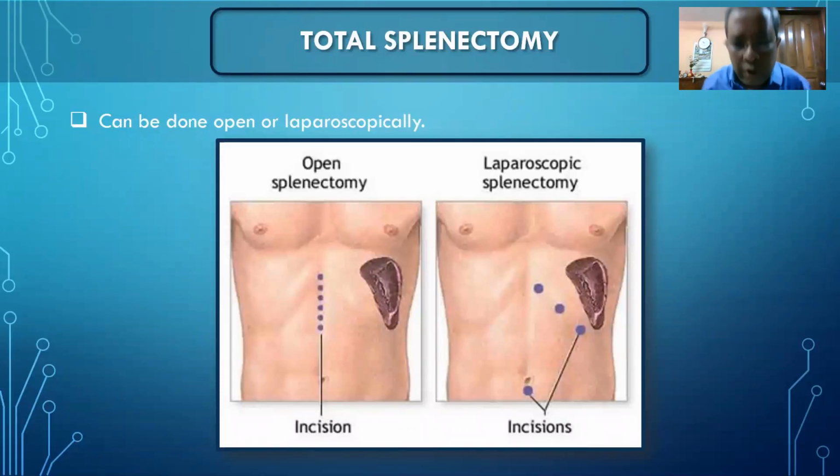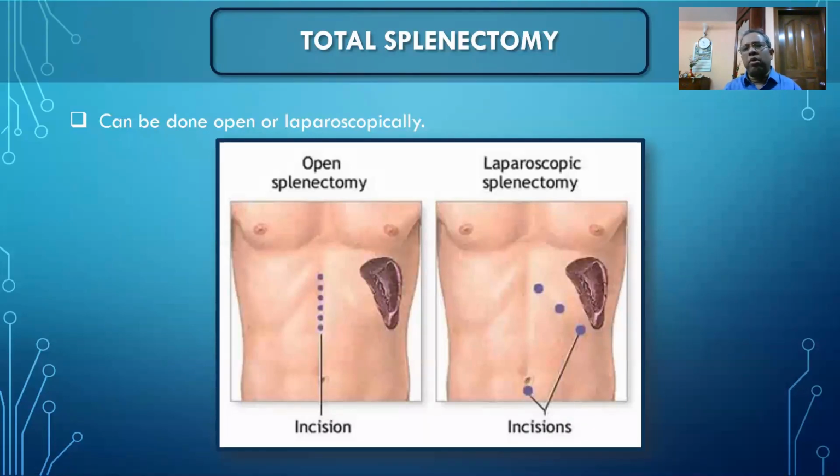Because in laparoscopic splenectomy, only one, two, or four small holes can finish your job, and only a small fenestrial incision is given in the lower abdomen for removing the spleen in a bag, using a morcellator or sponge holding forceps, so the spleen is broken piecemeal.